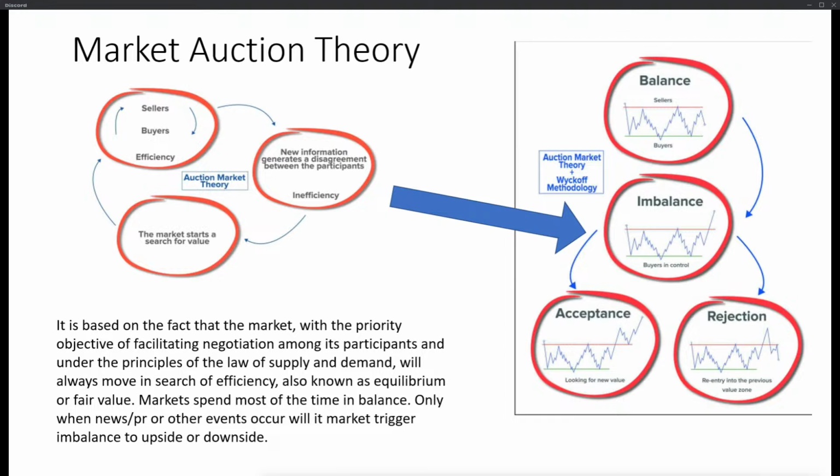Acceptance occurs when you break those levels and you come back to a retest and you see that they respect that level. That means the buyers, in this case on the bottom left, are stepping in and they want to accept the prices higher. That's why we play the prior day value area high retests, or value area low retests for the short side. Okay. Any questions so far?